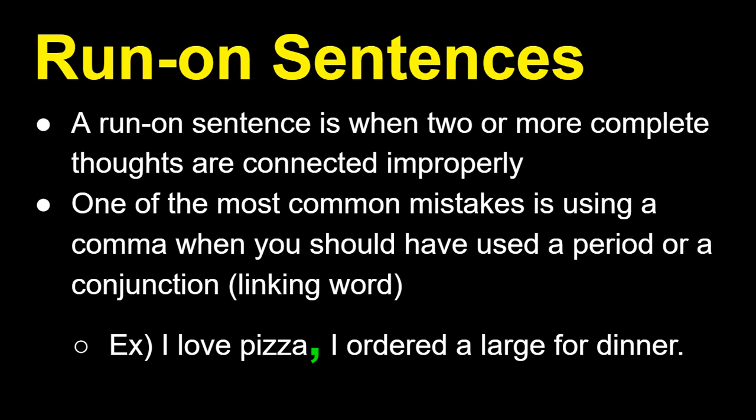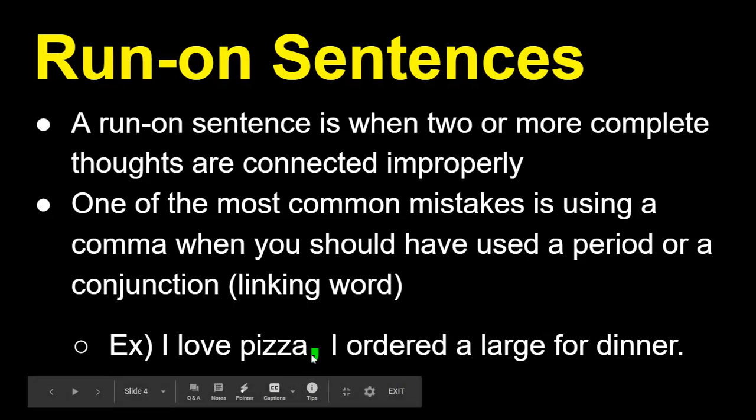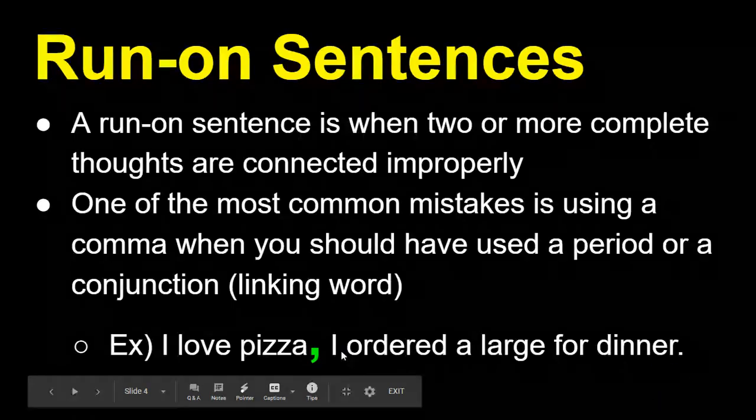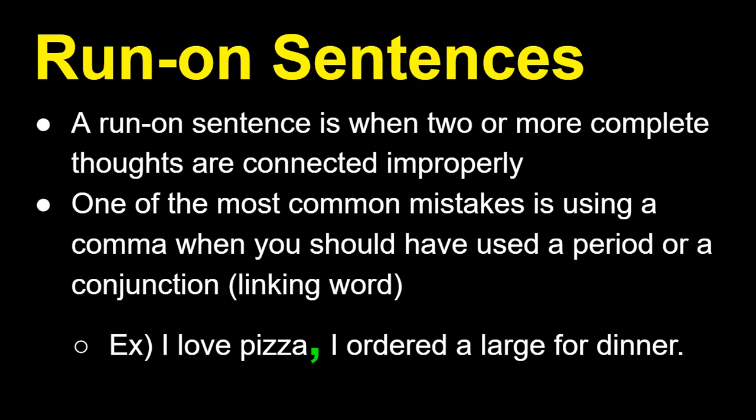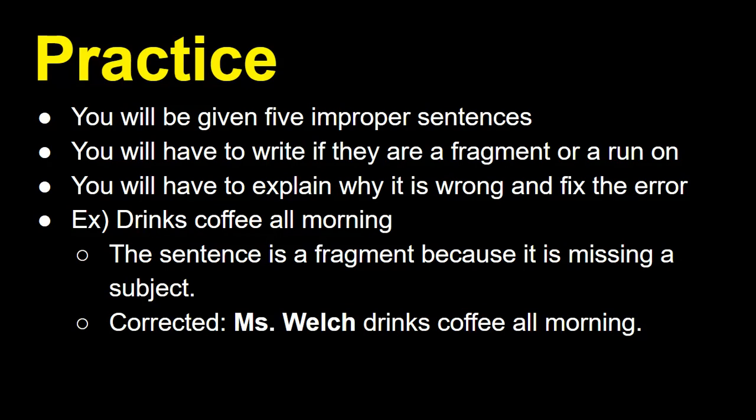But for 3 or more, it's going to be a little more difficult. You're going to have to create a new sentence. And that could look like, I love pizza, period. I ordered a large for dinner, comma, so I wouldn't have to share a small pizza, period. Stuff like that needs to be broken up into different sentences because you're going on too long.